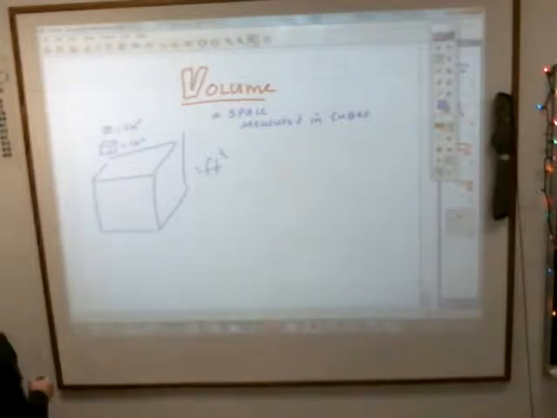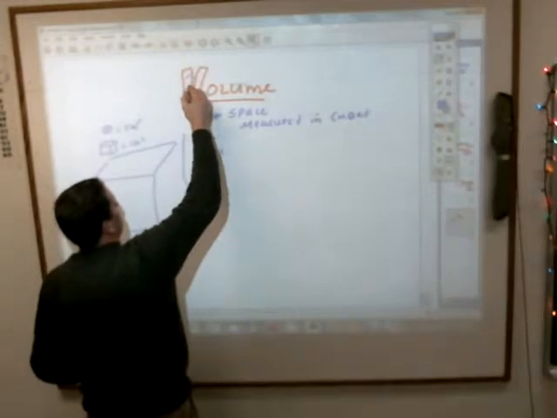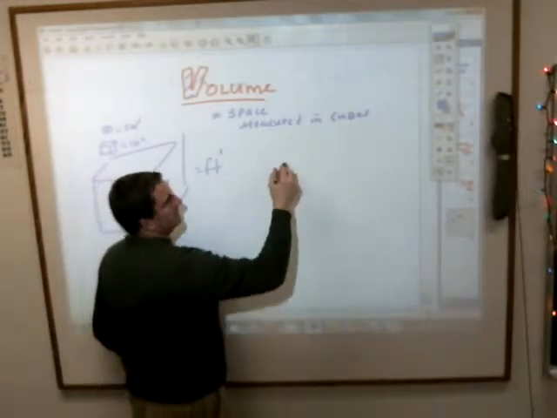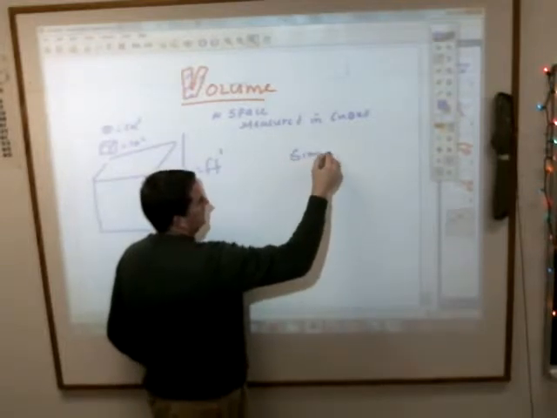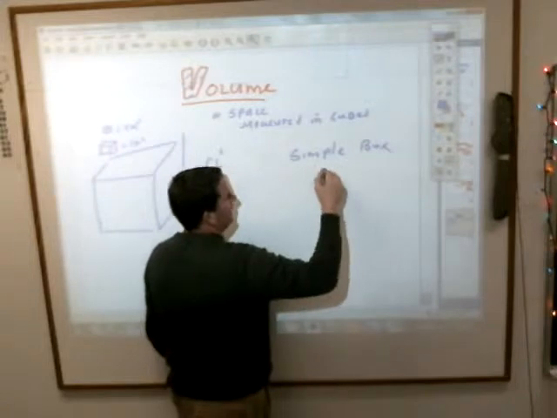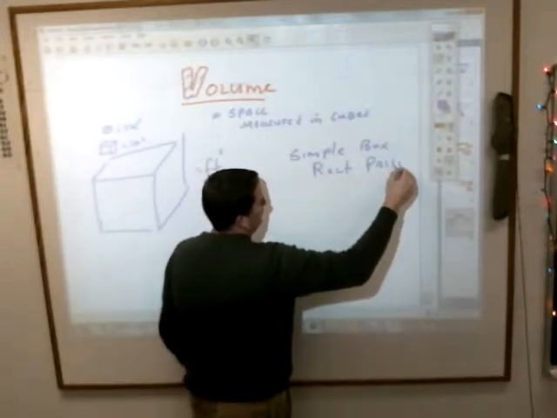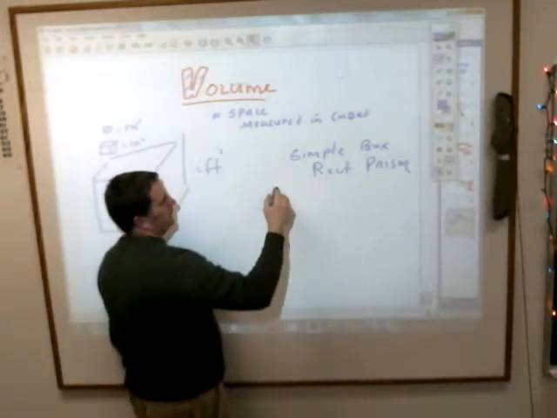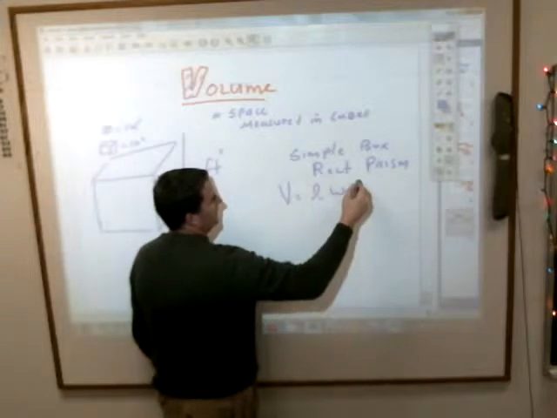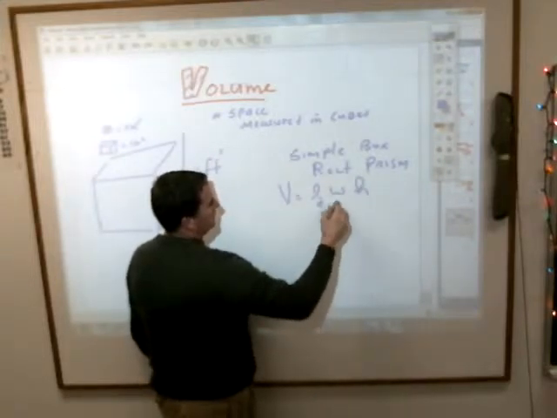And volume, here's what the deal is. You have to get it out of your head, and I heard Josh say it once or twice. If you're talking about just a simple box, which we call a rectangular prism, you are allowed to use the formula that volume equals length times width times height. That works for that.